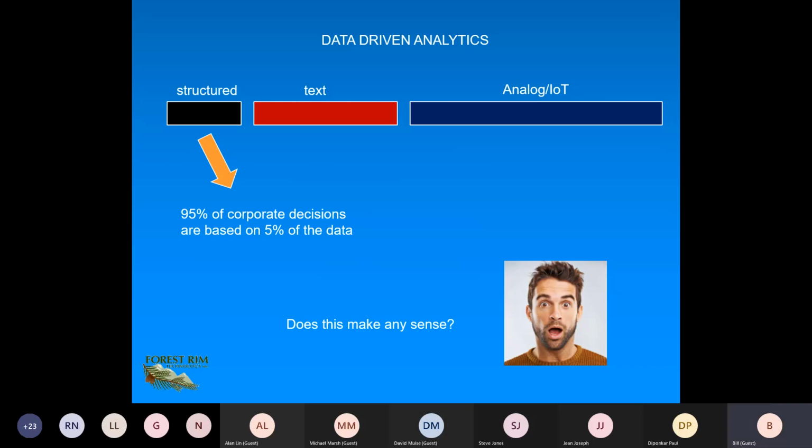Now, when we take a look at where we make decisions in the corporation, the truth is that the most decisions we make are based on the smallest amount of data that we have. 95% of corporate decisions are based on 5% of the data. And we ask ourselves, gee, does this make any sense? Should we, as a corporation, be data driven and making our decisions based on just the structured data in the corporation?